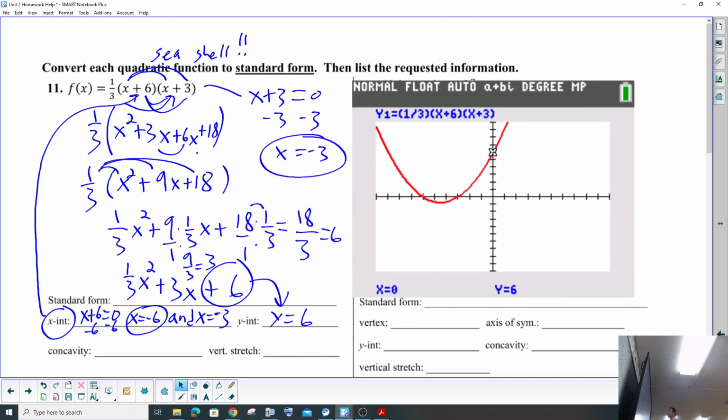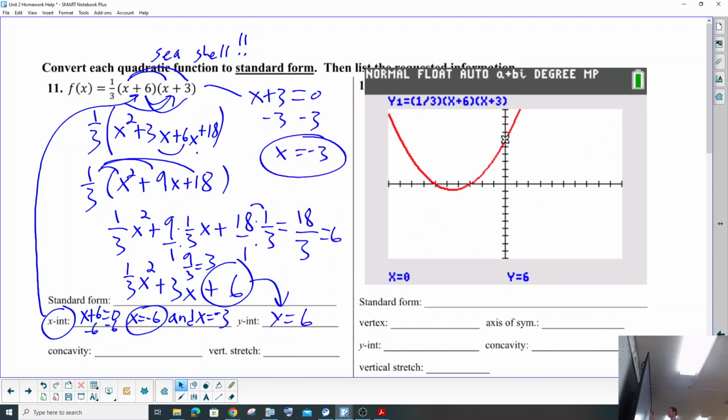So there's our graph, and there is our y-intercept at 0, 6. So the y-intercept is actually 0, 6. And the x-intercepts technically are -6, 0 and -3, 0.